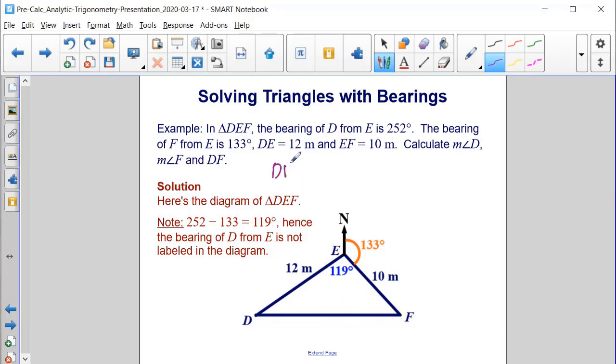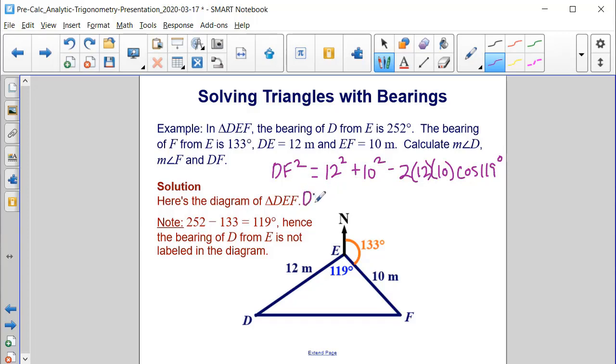So DF squared is equal to DE squared, which is 12, so 12 squared, plus EF, which has a measurement of 10, 10 squared, minus 2 times 12 times 10 times the cosine of 119. And then to find the length of DF, we're going to evaluate this and square root it. So let's rewrite it with the square root.